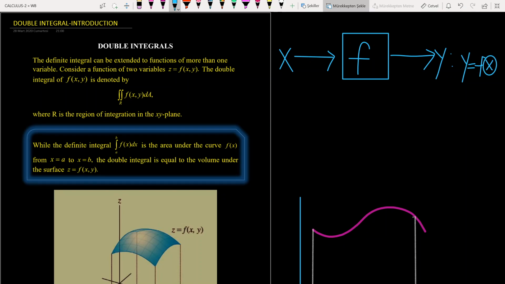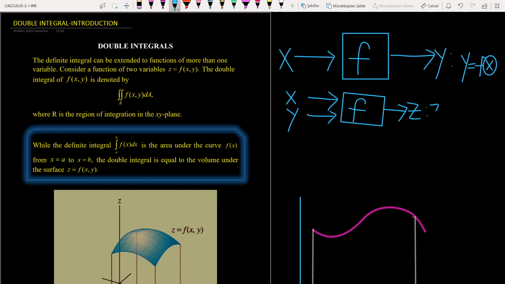For the function of two variables, we have two inputs, x and y, and we still have one output, that is z.